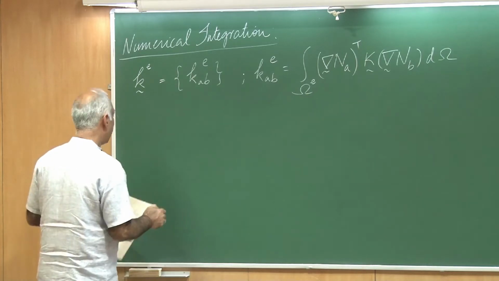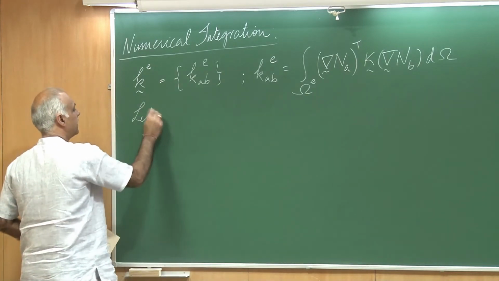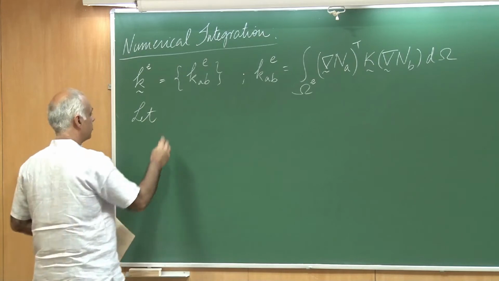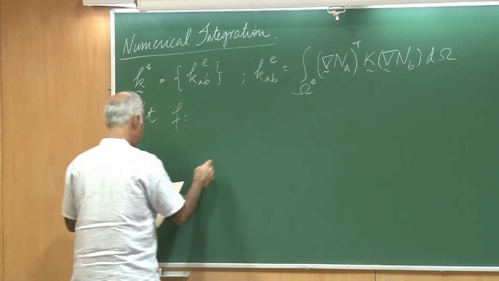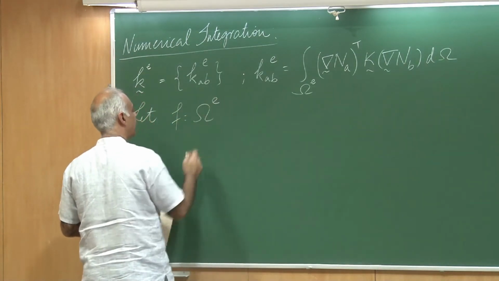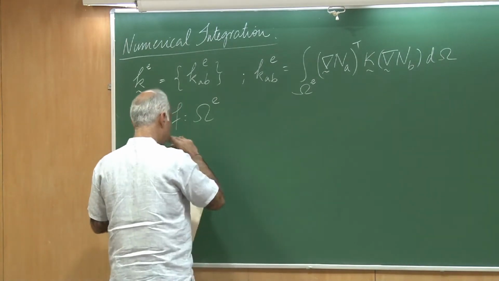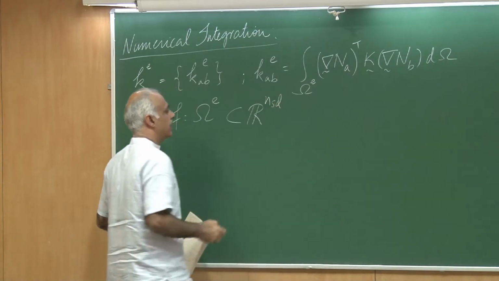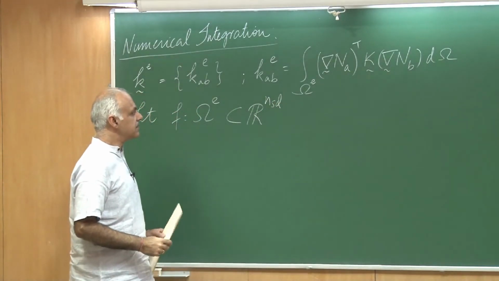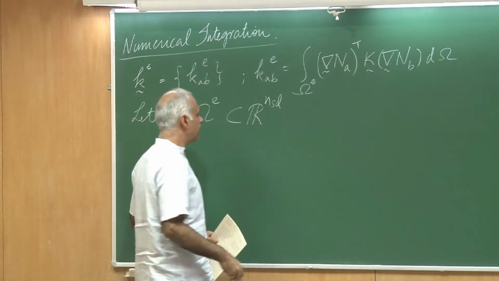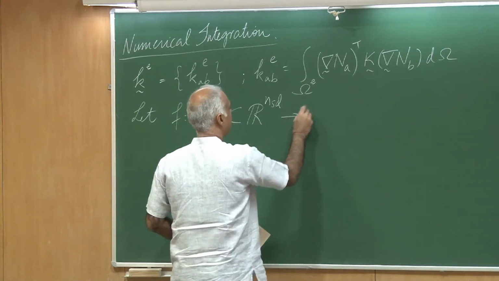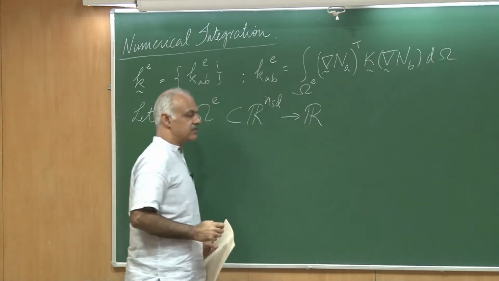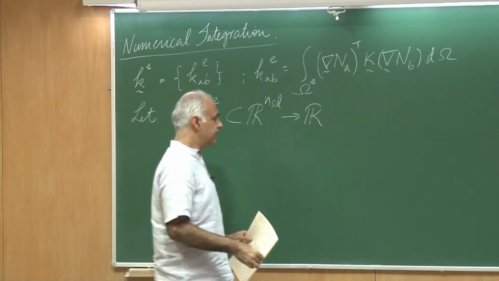First, we will make some statement about the problem. So, let f be defined on omega e, which actually belongs to a real valued space of dimensions NSD, where NSD is the number of spatial dimensions, and let f be a real valued function. So, we are right now looking at a scalar function.